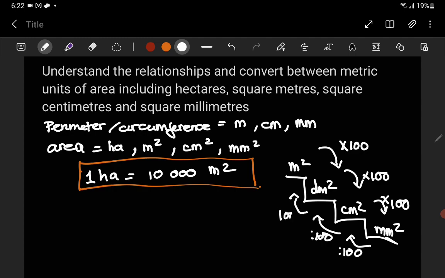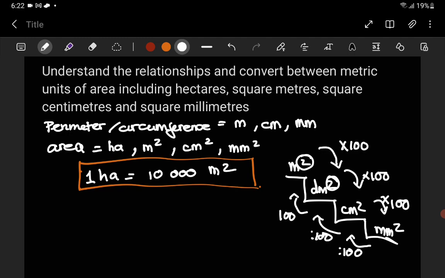How to memorize it? Look at the index of the unit. If it's 2, then you use the base of 10 with 2 zeros, which is 100. When you're dealing with the perimeter or circumference, which is meter, centimeter, millimeter, the index is 1, so you use the base of 10 with only one 0.